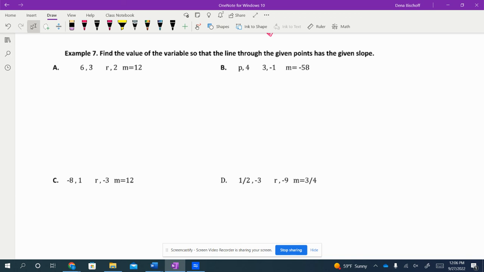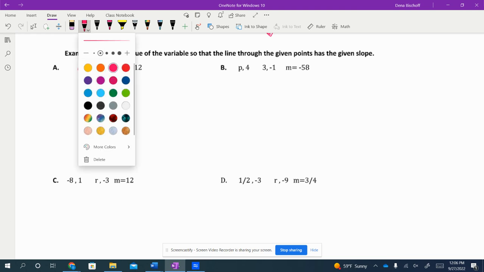All right, we have 4 more examples. Okay? So here's what I want you to do first. Are you ready to listen? The first thing that we need to do is we need to turn those 2 sets of numbers into ordered pairs. What are they missing? They are missing the parentheses. Good job.